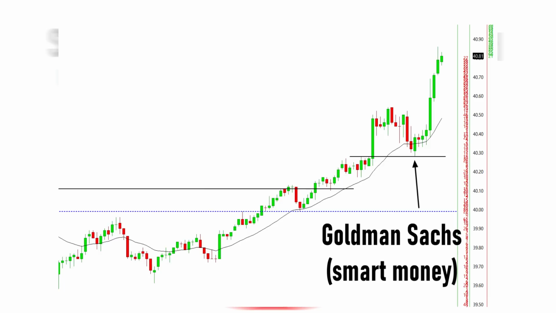They probably win around 95% of the time. They have the ability to move the market, and they probably have a lot of inside connections, so they probably know way more than you. So you want to ride that wave. You want that small piece of the pie because you don't know how far the move is going to go.